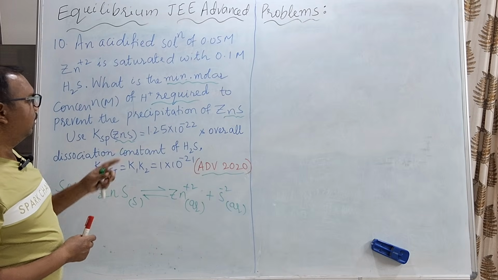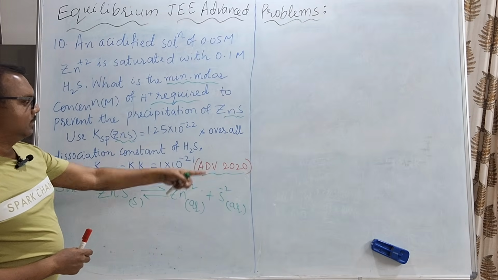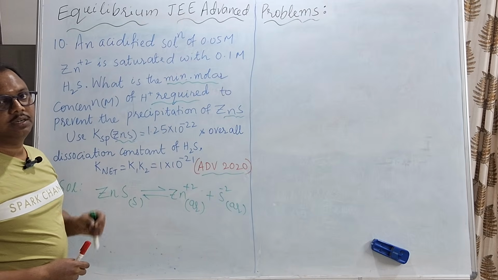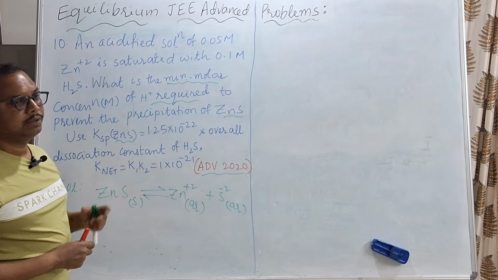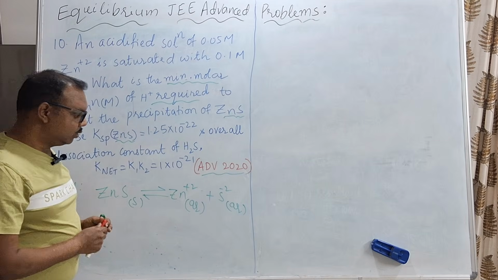In order to prevent the precipitation, we first have to find out the sulfide ion concentration.